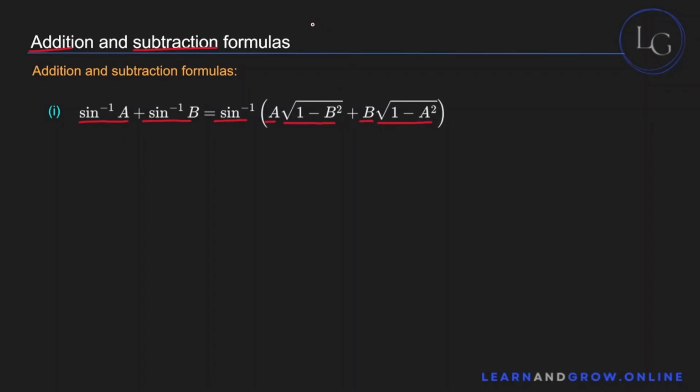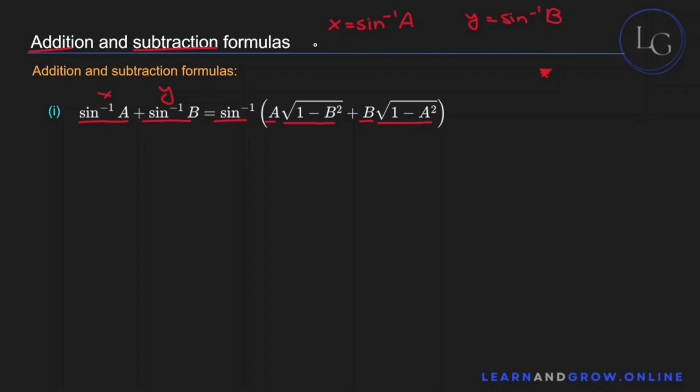Well, basically, let's say that x is equal to sine inverse of a, right? So this is x. Let's say sine inverse of b is y, right? So y is equal to sine inverse of b.